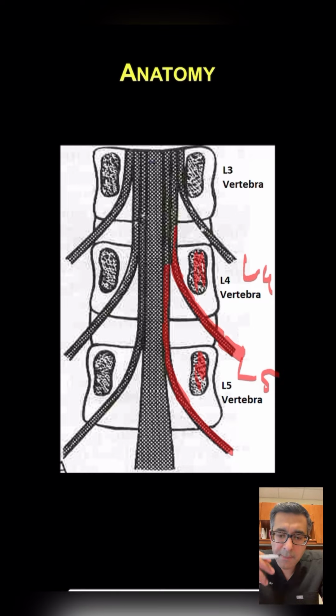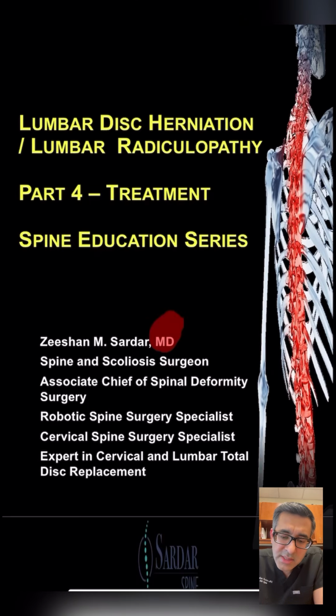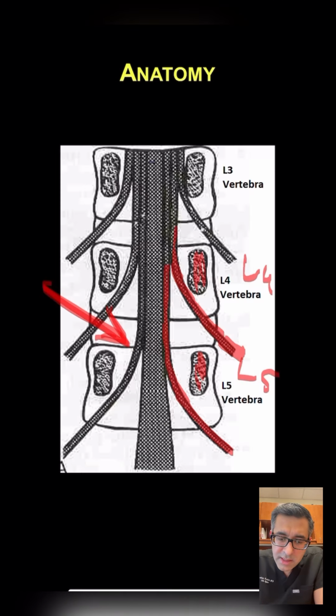Now, depending on the location of the disc herniation, we're going to talk about the L4, L5 disc basically, okay? So depending on the location of the disc herniation, it can either compress the L4 nerve or the L5 nerve. So for instance, if the patient has a paracentral disc herniation here, this is going to compress the L5 nerve.